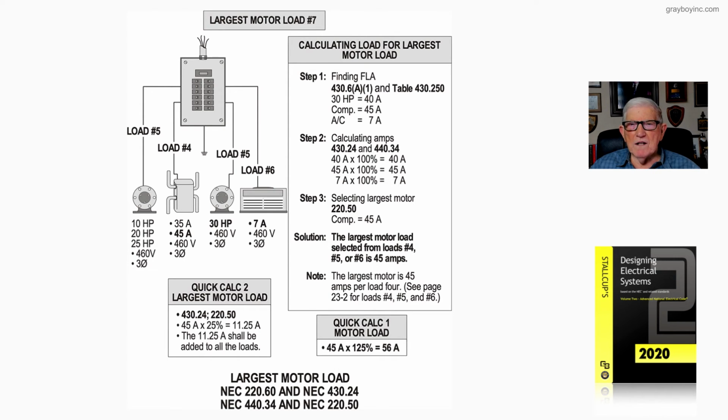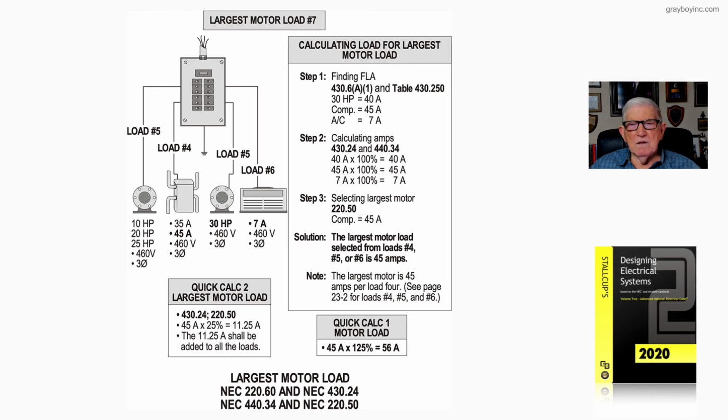Well, we're going to naturally have the 45. So we take 100% of 40, 100% of 45 is 45, 100% of 7 amps is 7. So 220.50 along with 430.6A1, then 430.24, 45 amps would be the largest.